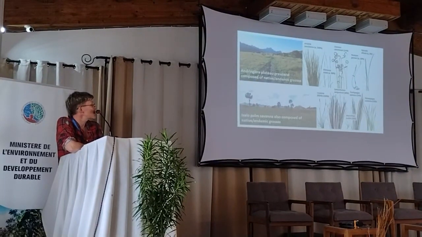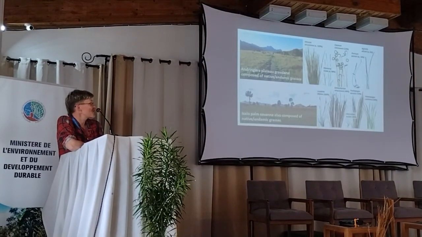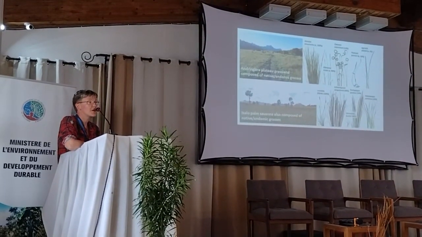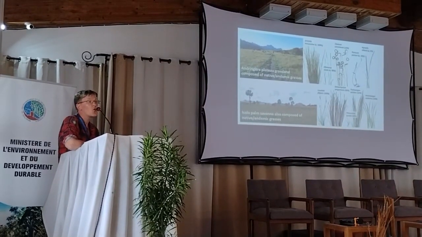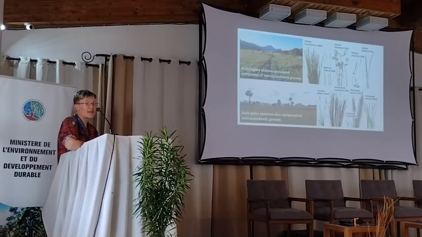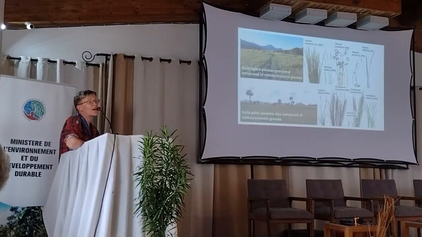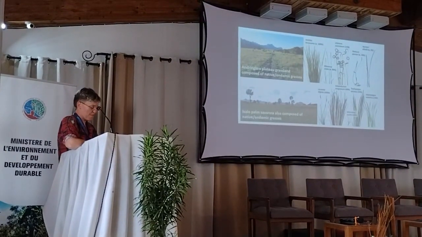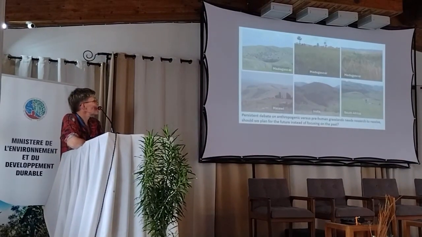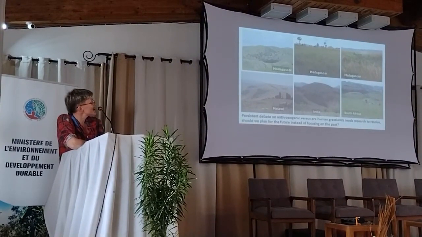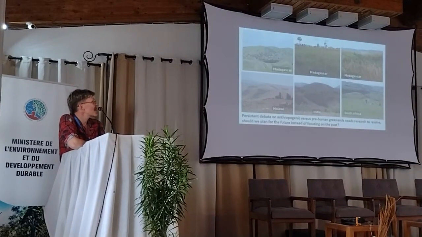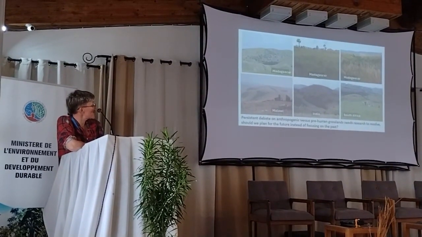Some people call it palm savanna, which maybe is a natural ecosystem, and other people call it a degraded secondary grassland, and many different names are applied to these ecosystems. And now you can see my photographs. On top we have Madagascar, and on the bottom we have Africa and we have Asia.